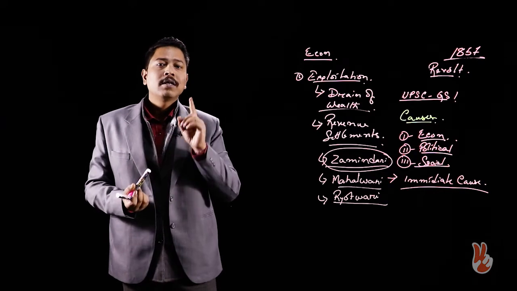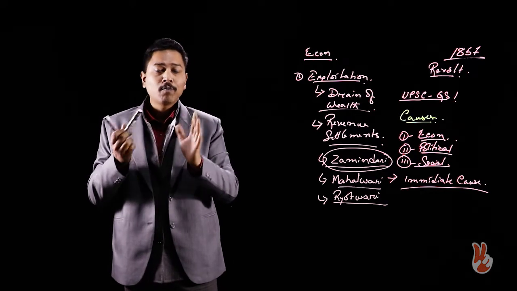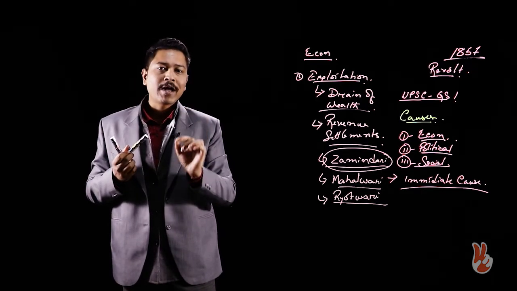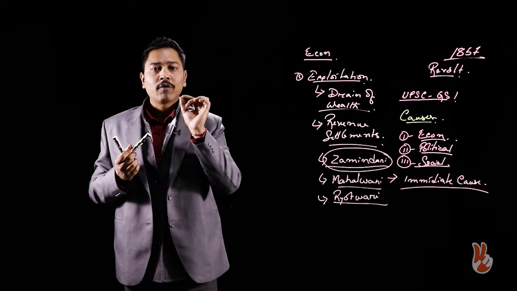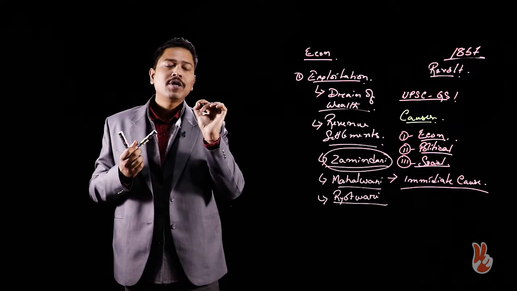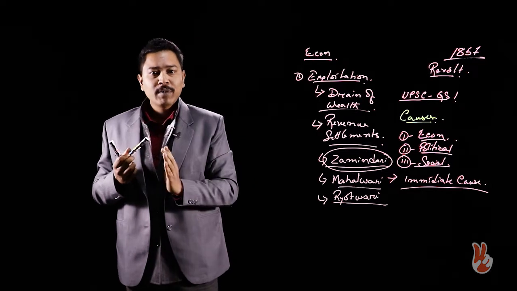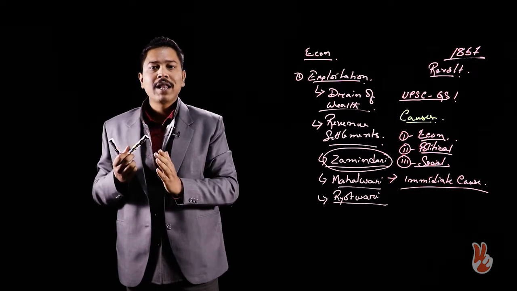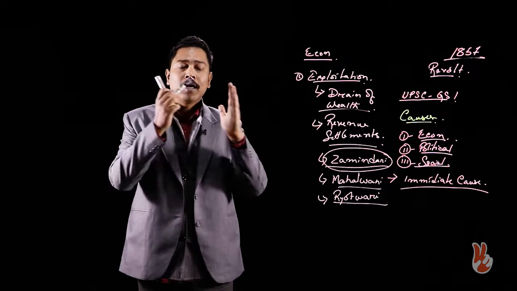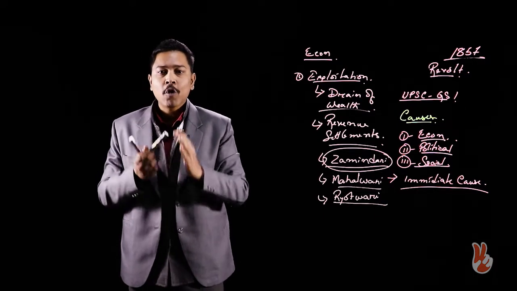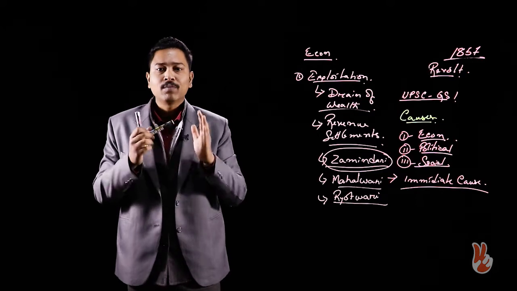But then, of course, the zamindars who were to pay this revenue to the state were also not spared. Why? Because failure to pay the revenue to the British state timely would mean that your land would be confiscated, you would be evicted from your land, and the land would lapse into the British state, and then the British state has the authority to auction off this land to the highest bidder.